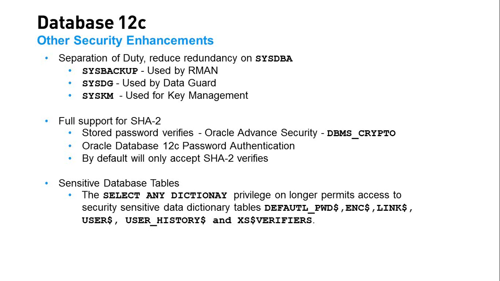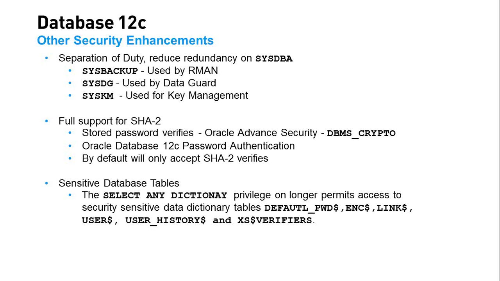Instead, you should create other user accounts and give these administrative privileges to those accounts. These accounts should be locked by default and should remain locked. To use one of these administrative privileges, the user must exercise the privilege, like connecting as SYSDBA. You can use SYSBACKUP, SYSDG, and SYSKM. And another important thing, these accounts cannot be dropped. Of course, definitely cannot be dropped.